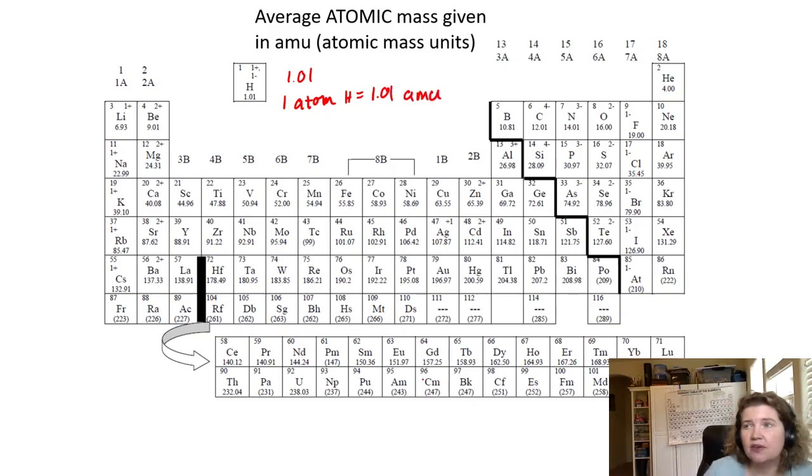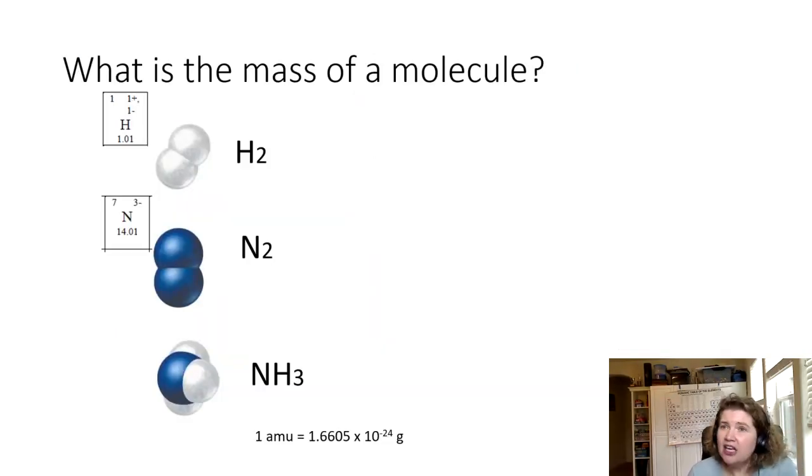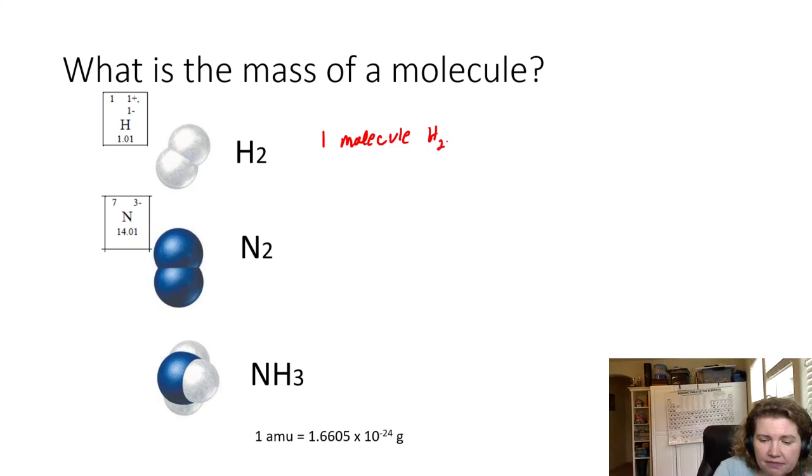atomic mass unit. Okay, so if I'm thinking atomic level small, I can look at the mass of a single molecule. So I could say 1 molecule of hydrogen is equal to 2.02 atomic mass units, because I doubled it.